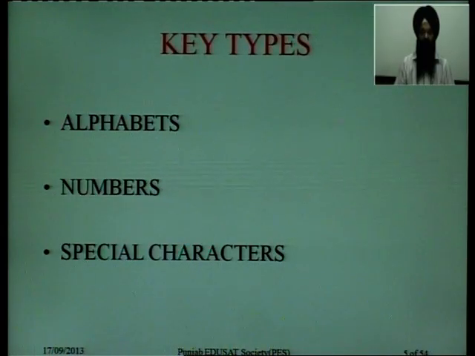The alphabets are entered as capital letters with the help of shift, or with the help of caps lock we can get the capital letters. Otherwise the small letters of alphabets are there. We can enter the numbers, we can enter the special characters like exclamation sign, question mark sign, currency sign, star, delta, brackets, etc.